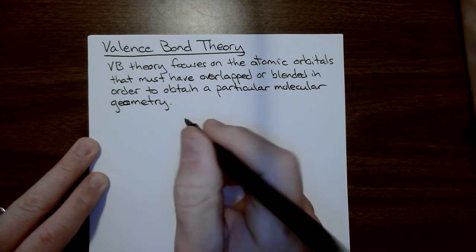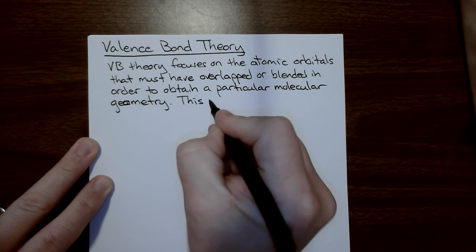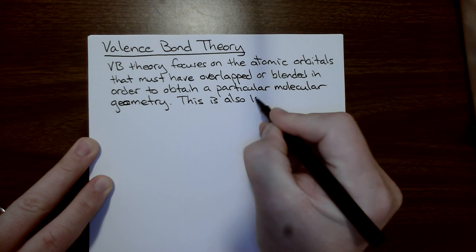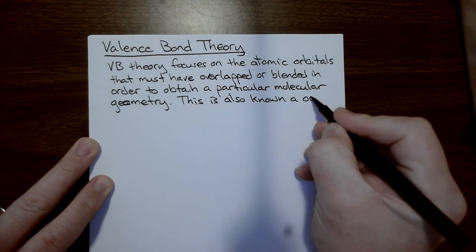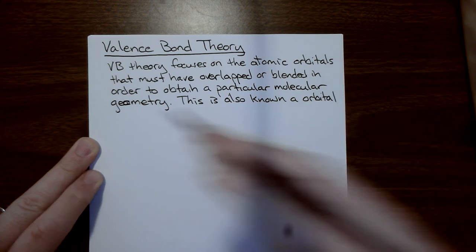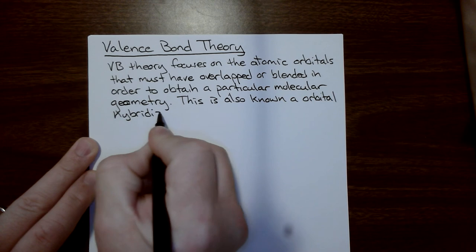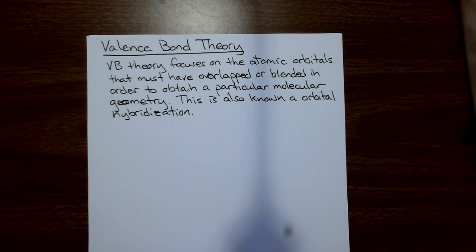This is also known as orbital hybridization. What happens is that these orbitals will blend or hybridize so that the particular bonding that occurs will happen.